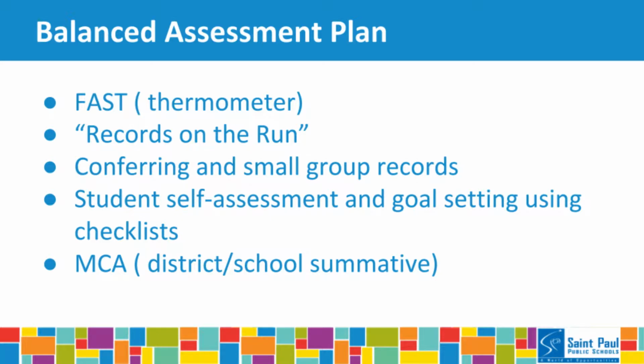Also, are students self-assessing, and are they creating goal setting for themselves to increase student learning? We need students to become part of the process of closing the achievement gap. And then we'll align it with our MCA, as a district and as a school, to see what kind of information we're able to gather from that.